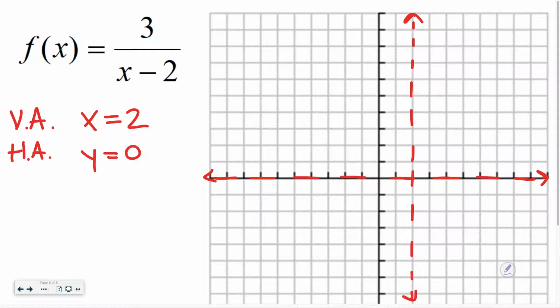Okay, then you're going to set up an xy table. And your xy table is going to be based on where that vertical asymptote is. So our vertical asymptote is at 2. What are 2 numbers to the right of 2? Okay, those are good numbers to plug in then. When I plug in 3, I have 3 divided by 3 minus 2.